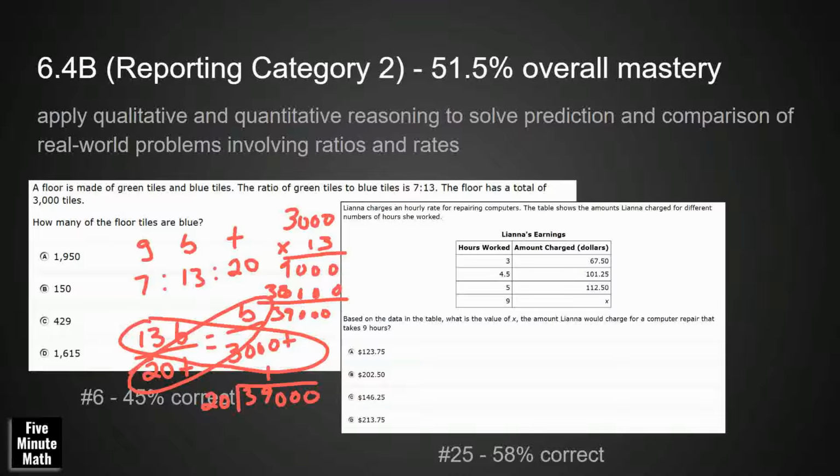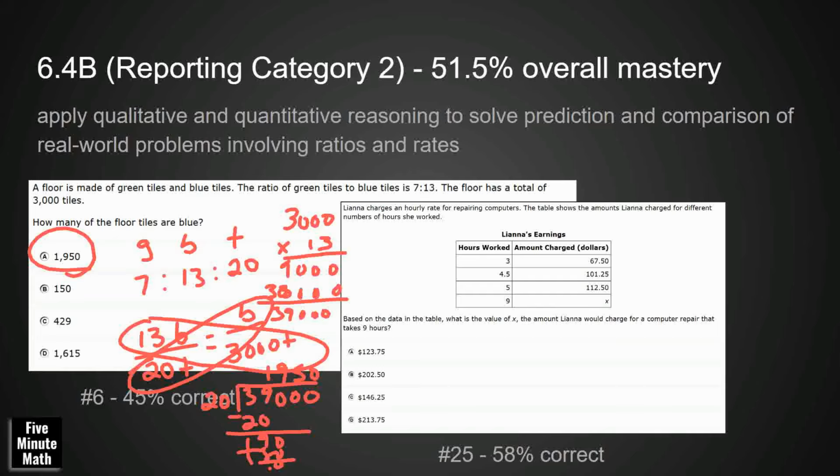And that's going to go in once. And then that's going to go in 9 times. I got 100. That's going to go in 5 times. And then I need that extra 0. So 1,950. 1,950. 45% of our students were able to get that.